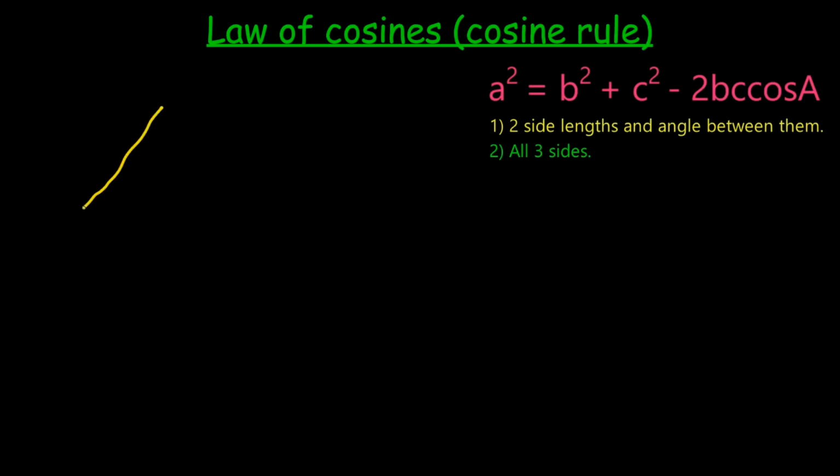We have a triangle. Let's say this side is 4, this side is 7, and the angle here is 32 degrees. Because we have this angle A is 32 degrees, this side is a.